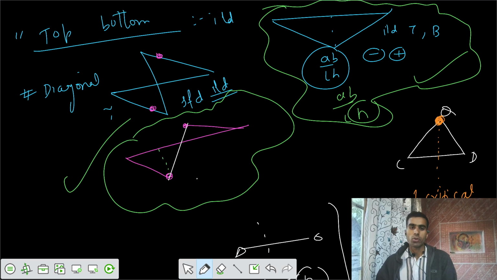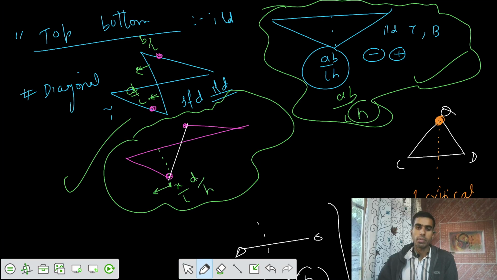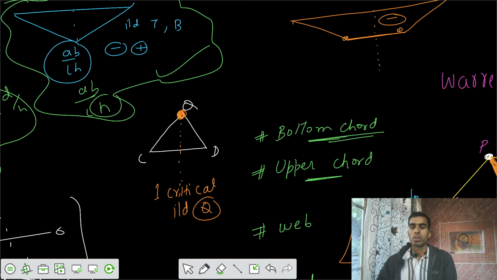And similarly here, if this was your ILD for shear at any section C, this value equals A by L, and this equals B by L. Similarly, this value equals X by L, and you have to multiply by that factor of D by H. And for this one, this value should equal B by L into D by H, this factor of D by H. And then we see whether this is negative or positive. That's the trick here, that's what the trick is all about.